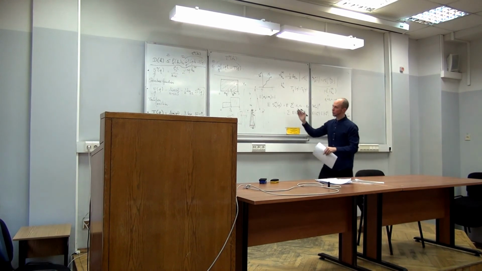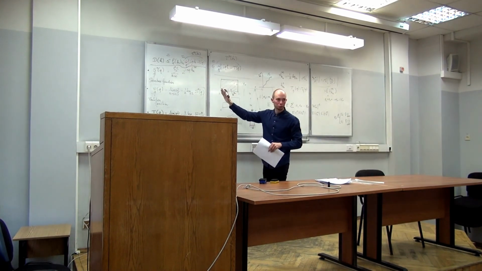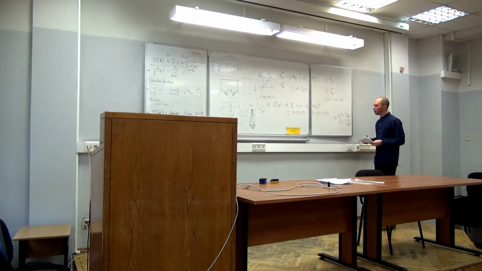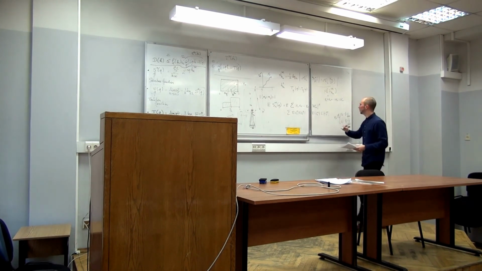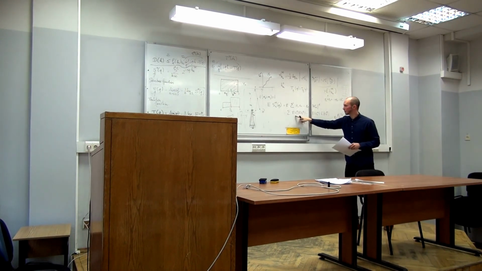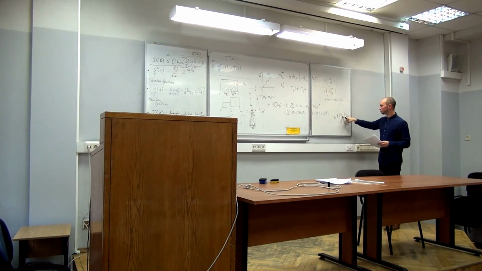In other words, every time you split to the left, you split according to rho naught, and every time you split to the right, you split according to rho 1. So in this case, what is this value? Well, because you've got a dyadic structure, what we are really counting here is the number of times we split according to rho naught and the number of times we split according to rho 1.